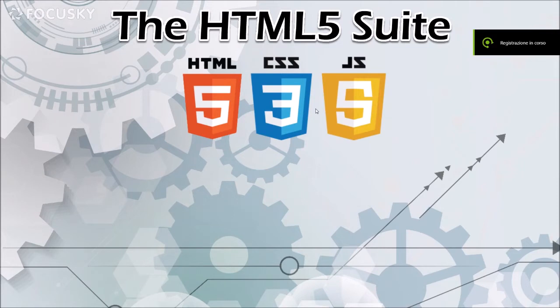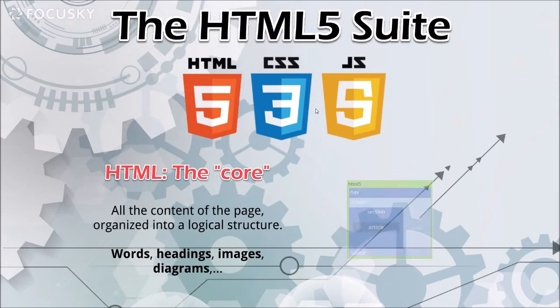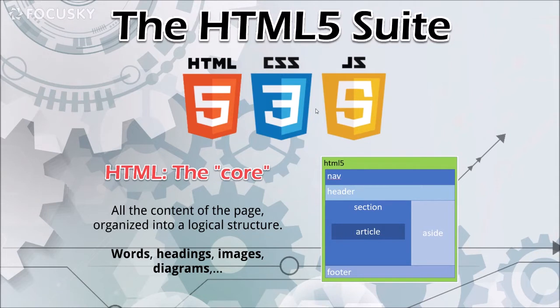Very well. In this course I will cover some aspects of a couple of languages belonging to the HTML5 suite. The HTML5 language, the core of the web pages, all the content of the page organized into a logical structure, the actual pieces of text, images, what you want to show the user, what is the backbone of your page.